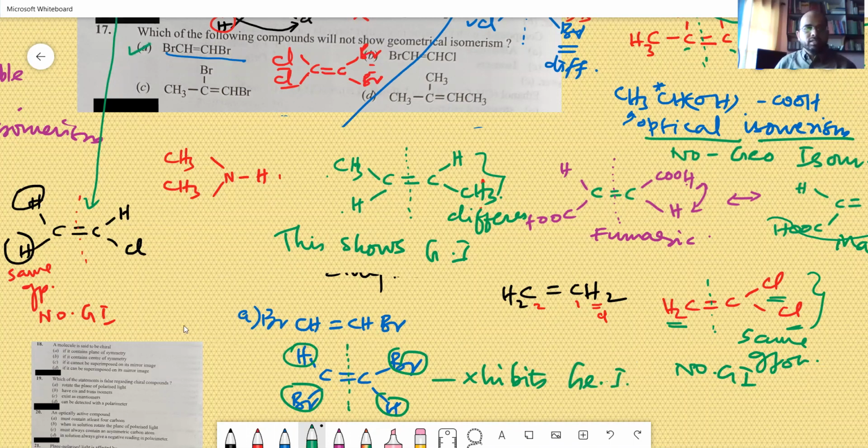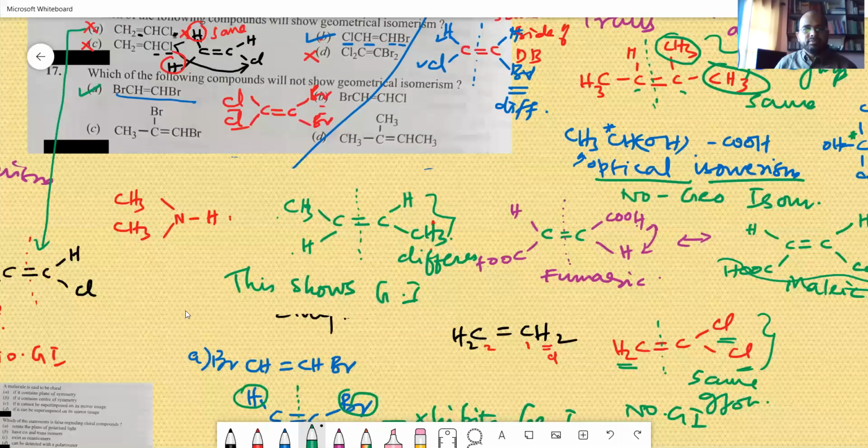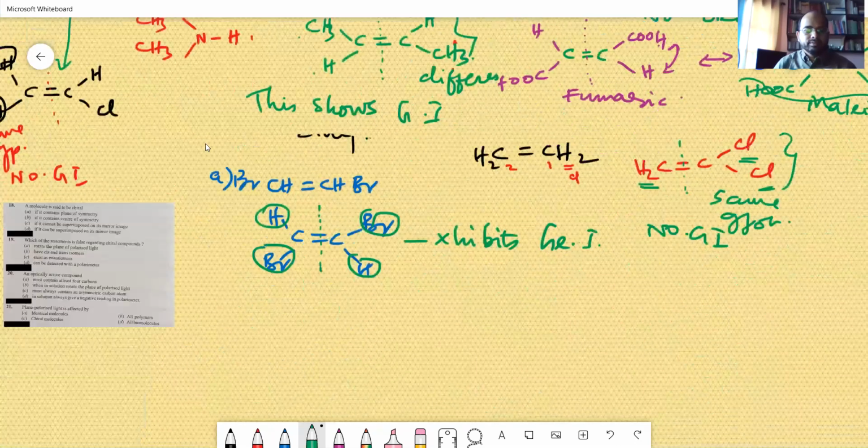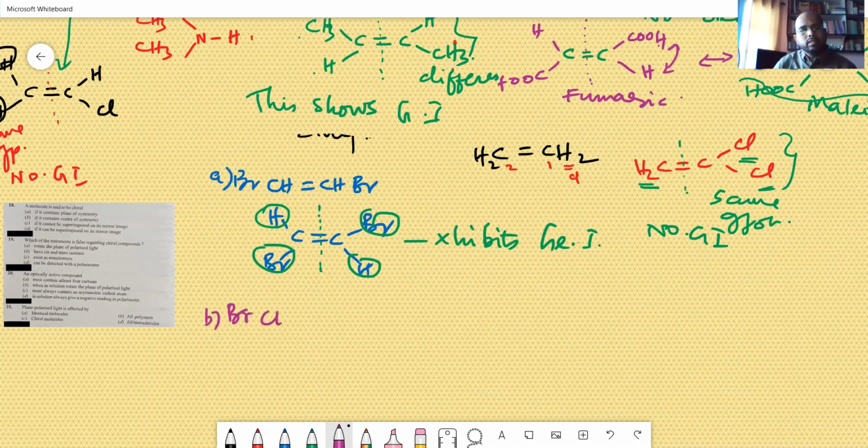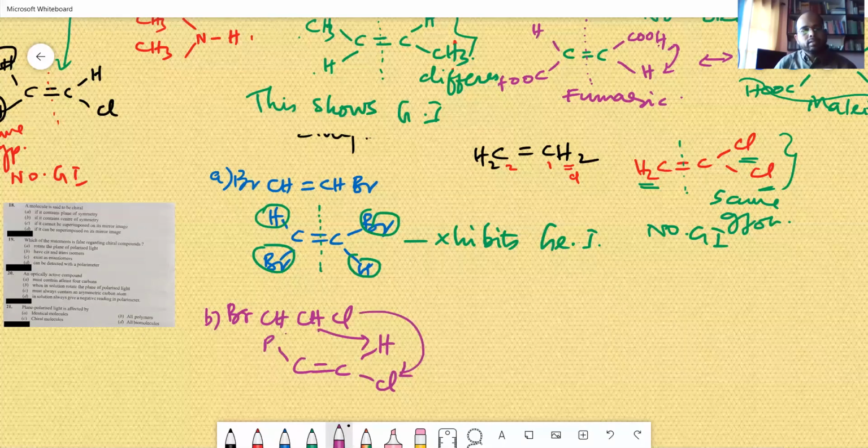Next is BrCH CHCl. So the double bond probably comes here, C double bond C. So H here, this H, and then Cl here, this Cl, and then Br here, this Br, and this H comes here.